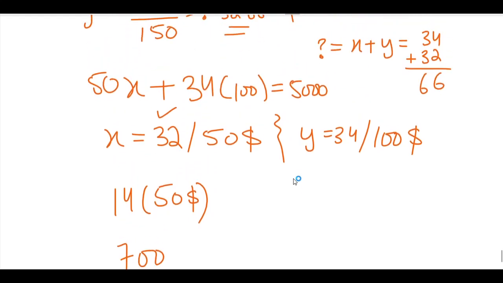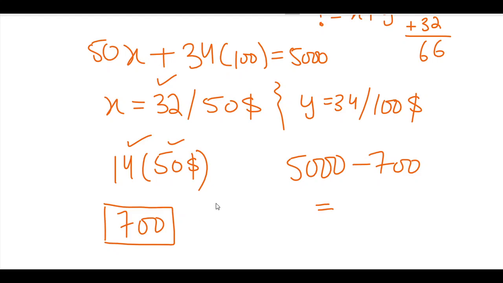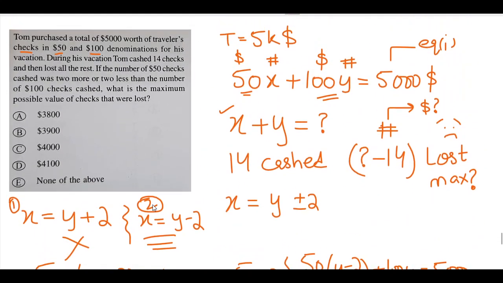So now if I subtract 700 from 5,000, I'm probably going to get the maximum value, because the reason why I used 14 with 50 is because I want to subtract the bare minimum value from the total. So 5,000 minus 700 gives me $4,300 worth. And the answer should be, oh, so we don't have an answer?